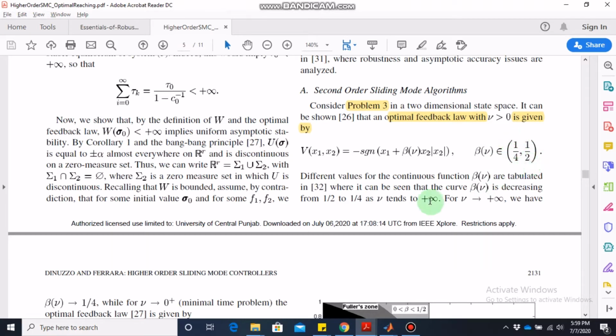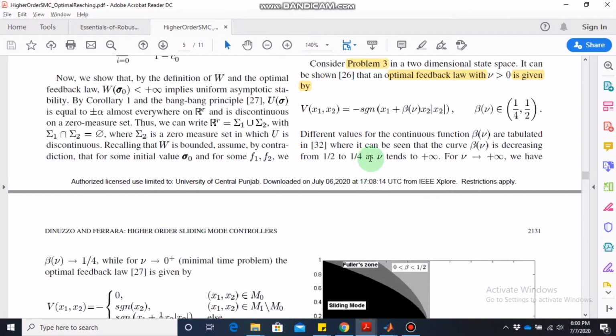The authors have also described when beta is close to 1/2 and under what condition the beta function reaches 1/4.